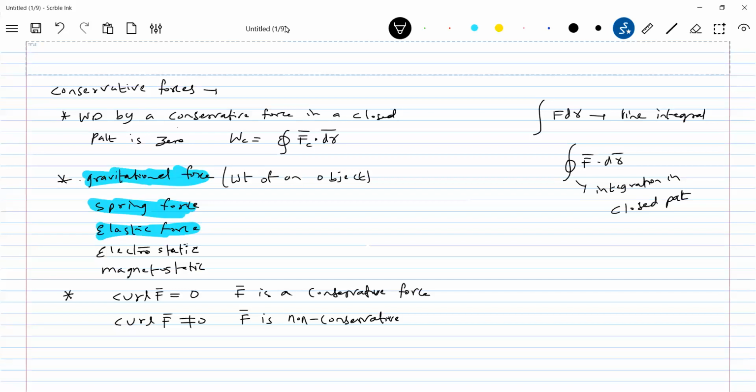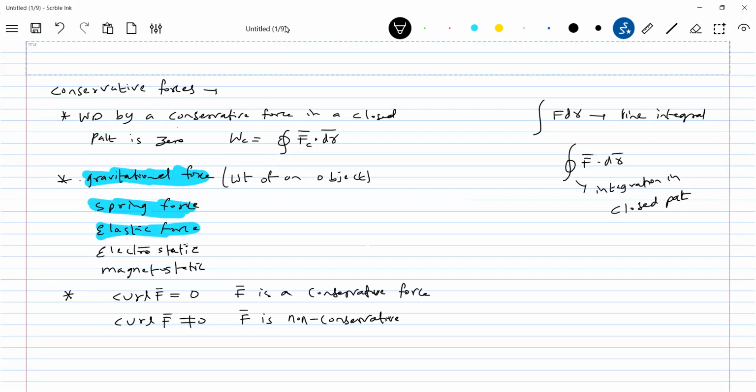So there's one basic idea of whether a given force is conservative or non-conservative. This is mathematical. When they give an equation, this is the easiest way of concluding things. This is the easiest way for us.